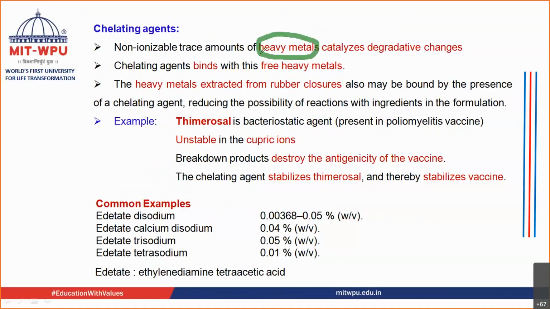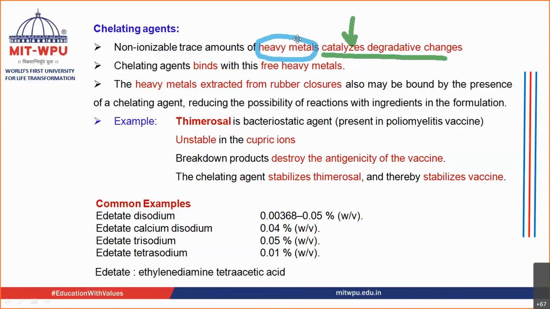Because, just like buffers, these heavy metals also catalyze the degradative reactions. So these degradative reactions that are happening inside the formulation are getting catalyzed because of the presence of heavy metals. So these heavy metals have to be blocked.